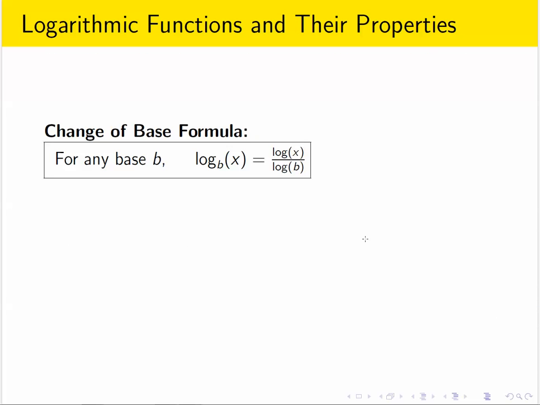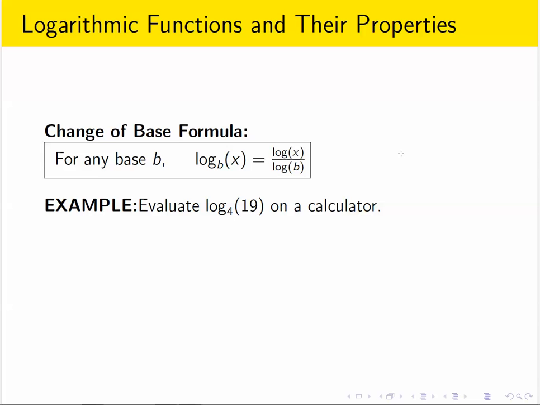So the ideas in the previous screen show us this rule. To get a logarithm with any base, I can take a logarithm base 10, a common logarithm, and then divide by the common logarithm of the base that I really want.